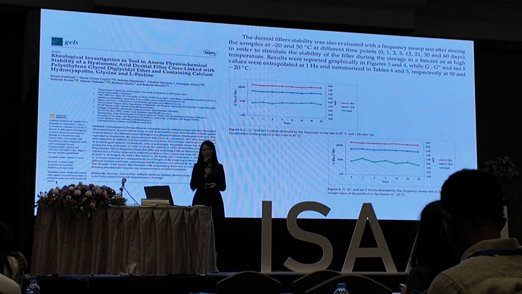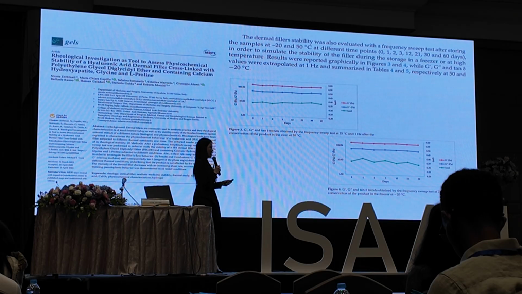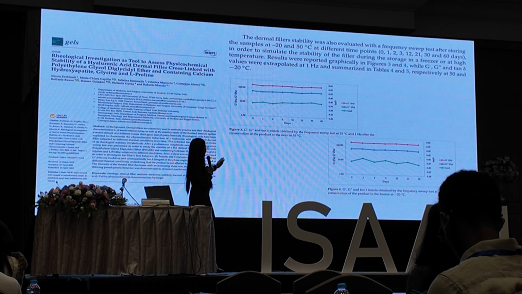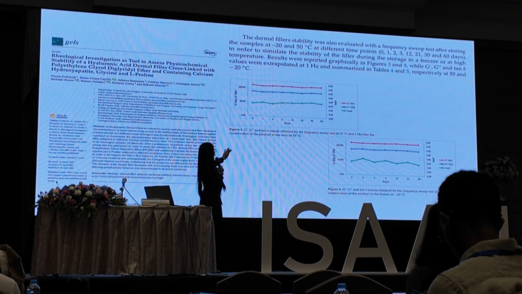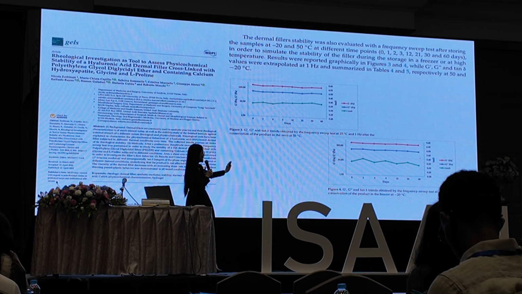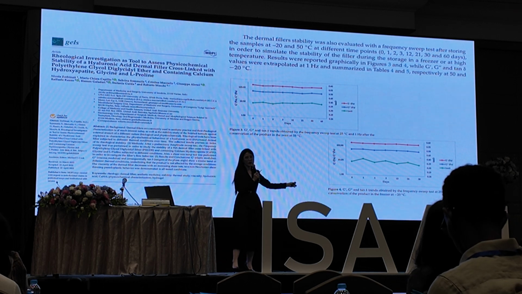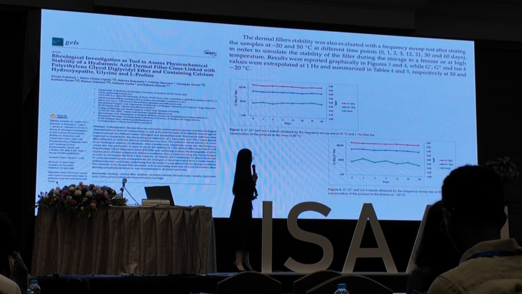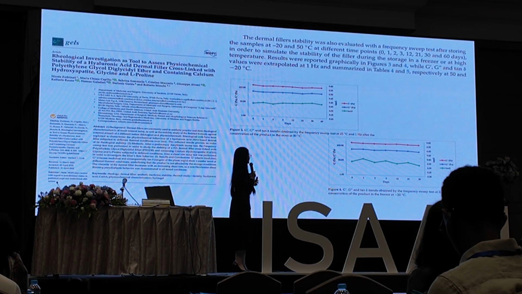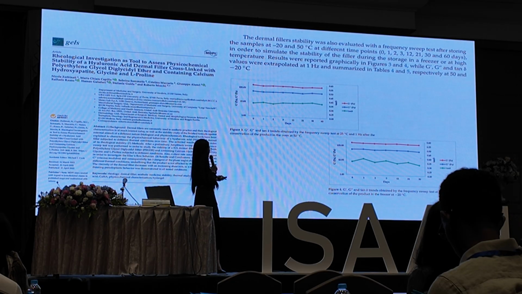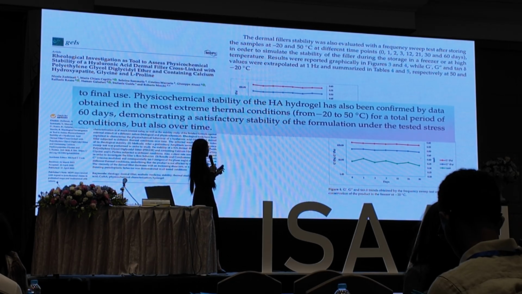About the thermal stability, this paper concludes that even with high temperature up to 50 degrees Celsius or low temperature at minus 20 degrees Celsius, the pegylated HA still has good rheology compared to the other fillers.